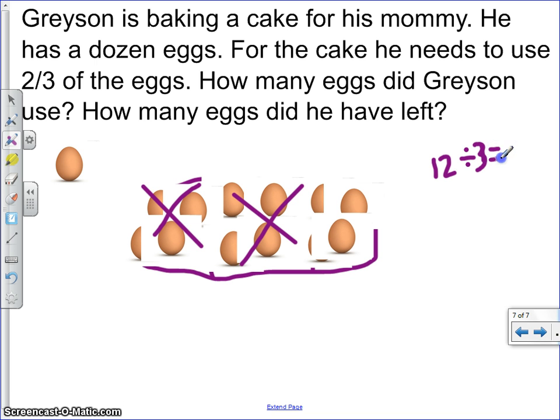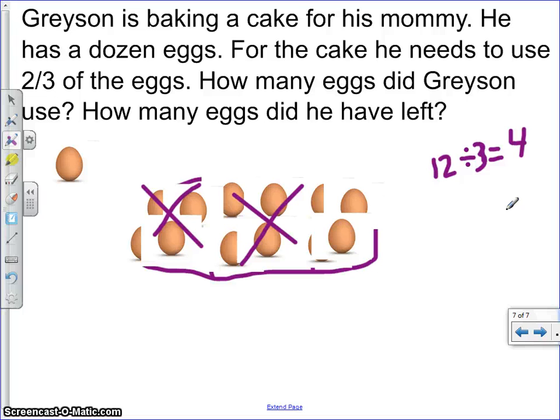When I do that, I come up with the number 4. That's going to tell me how many eggs I will have in each group. As you can see from the picture, it proves it. When I take 12 eggs, I divide it by my denominator. My denominator was 3. It tells me I'm going to have 4 in each group.